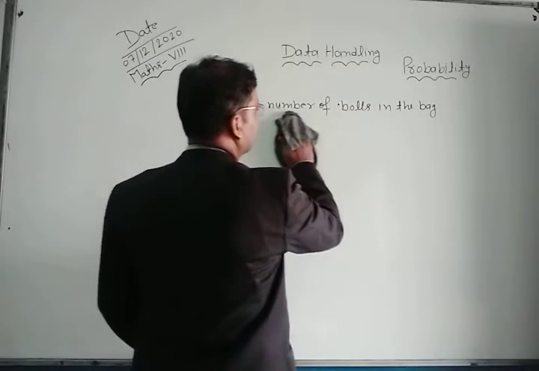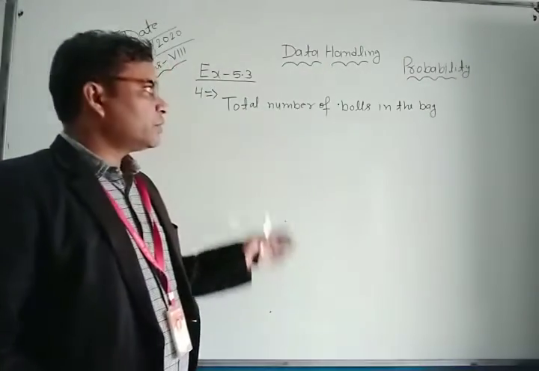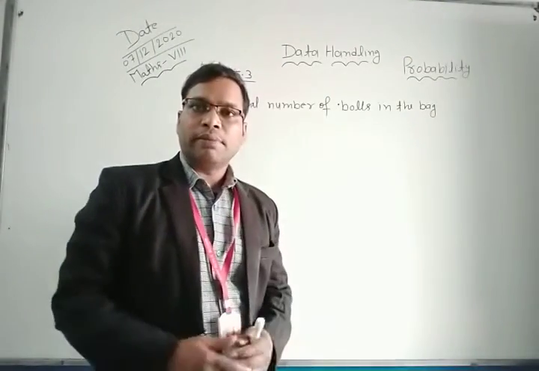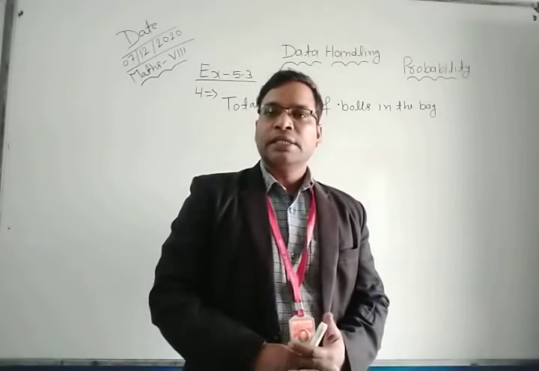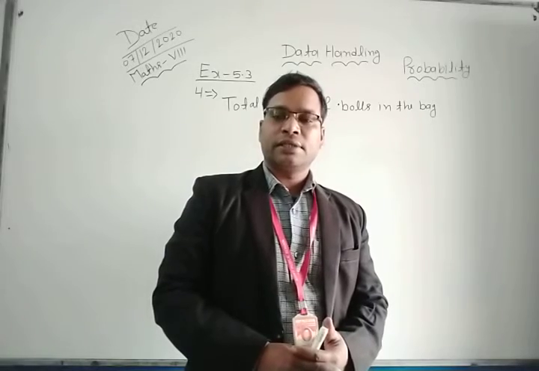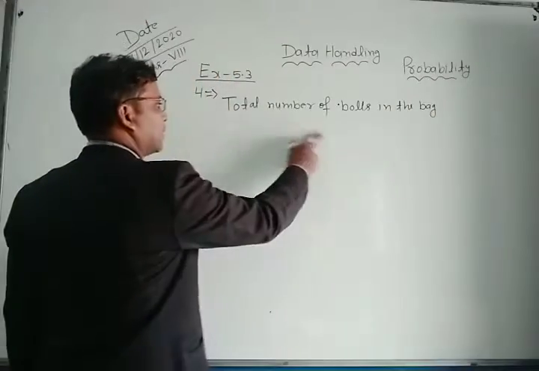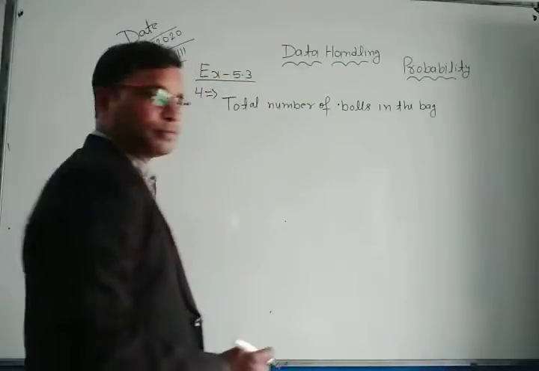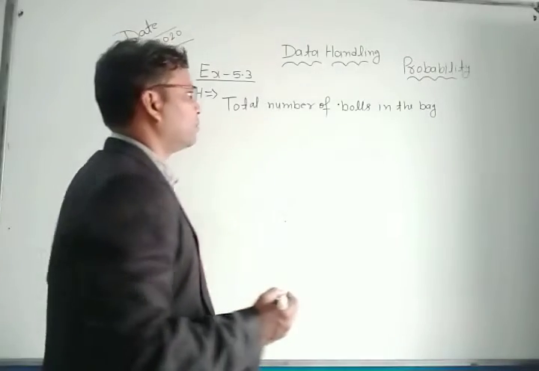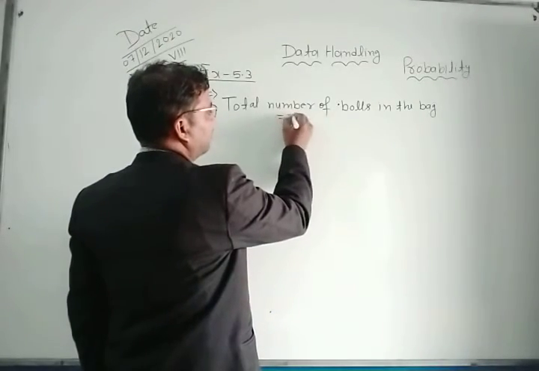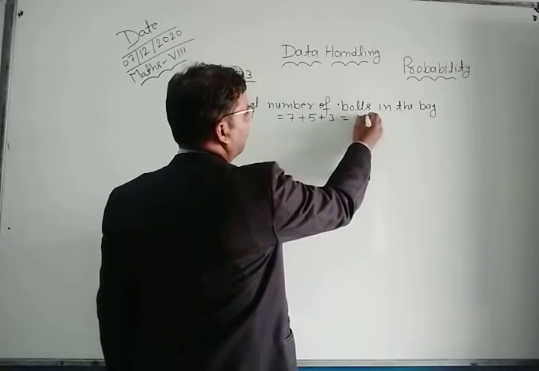This is also all possible outcomes. So the total number of balls is 7 red, 5 blue, plus 3 green.